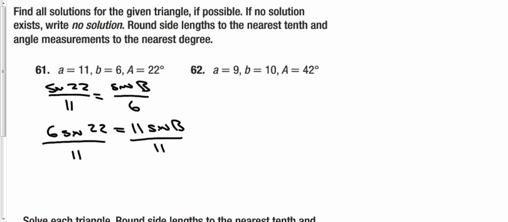Okay. This left side over here is just going to be a decimal. Okay. Plug it into your calculator. So we have 6 sine 22 divided by 11 is going to be equal to 0.204.